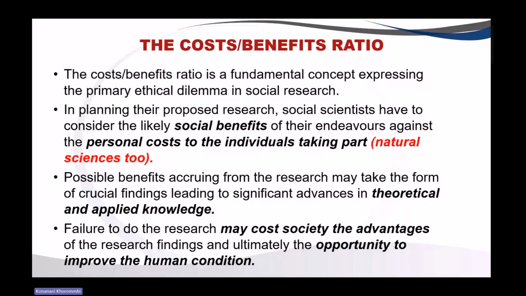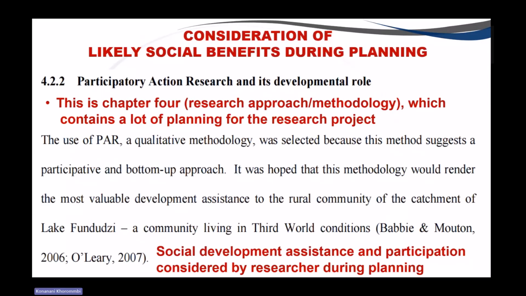And this slide that you see here in front of you, I put a heading there: consideration of likely social benefits during planning. And this is what I wrote before I went to the field. Participatory action research and its developmental role is what is contained in chapter 1, where I was still proposing the research.